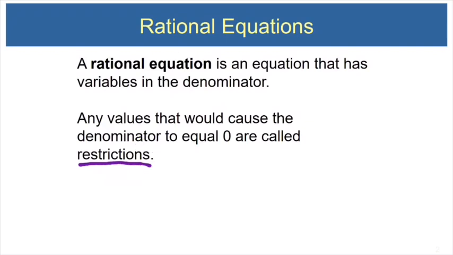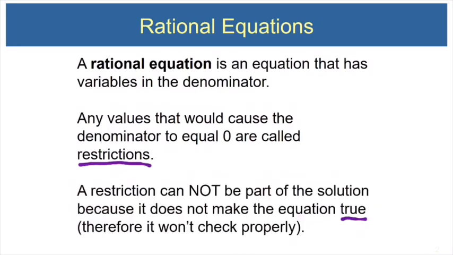It's called a restriction because any number that causes a denominator to equal 0 is going to make that term where it occurs undefined. Remember, division by 0 is not defined. So a restriction cannot be part of the solution to an equation because it does not make the equation true and it won't check properly.